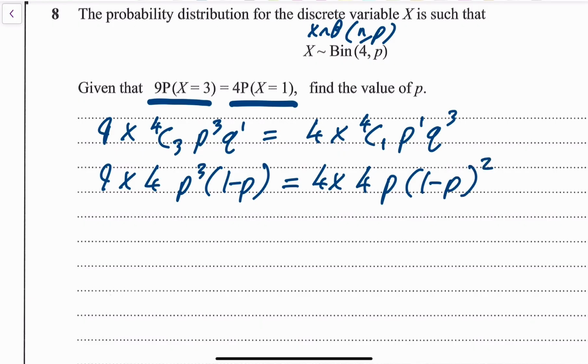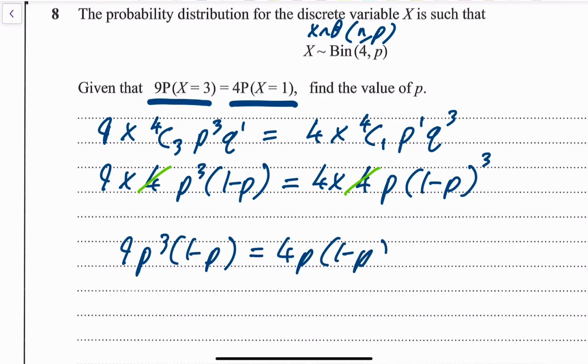Oops, not 1 minus p squared, it's 1 minus p cubed. Now, there's a lot that can cancel. So nice neat line. Your 4s cancel first. I'm just going to write that out. So 9 p cubed (1 minus p) is equal to 4p (1 minus p) cubed.